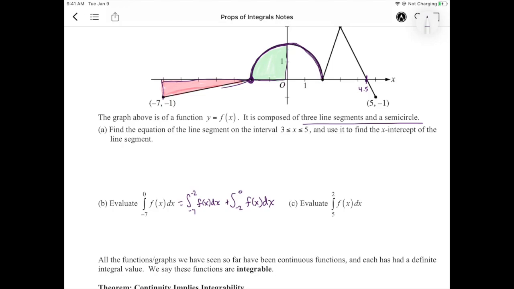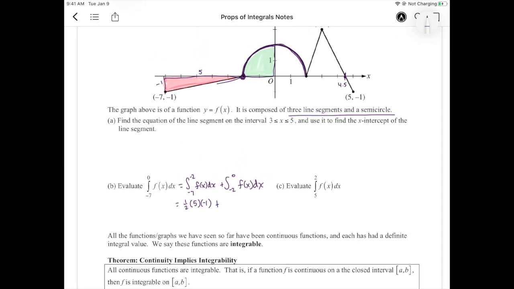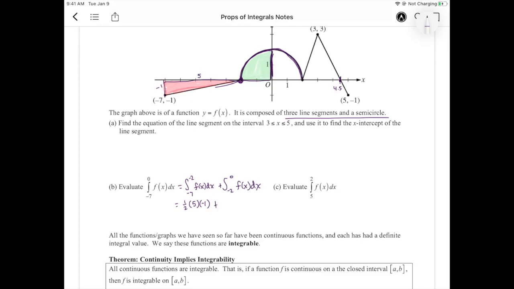For the triangle, I see that I have a base of, what is this base? 1, 2, 3, 4, 5, and then I have a height of -1. So the area of the triangle is 1/2 base times height. And then for the quarter circle, I see that this quarter circle has a radius of 2, so r equals 2.